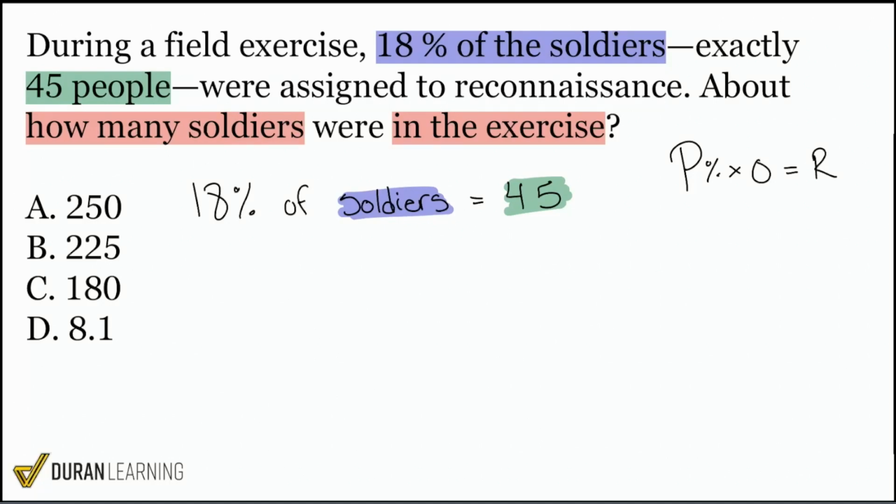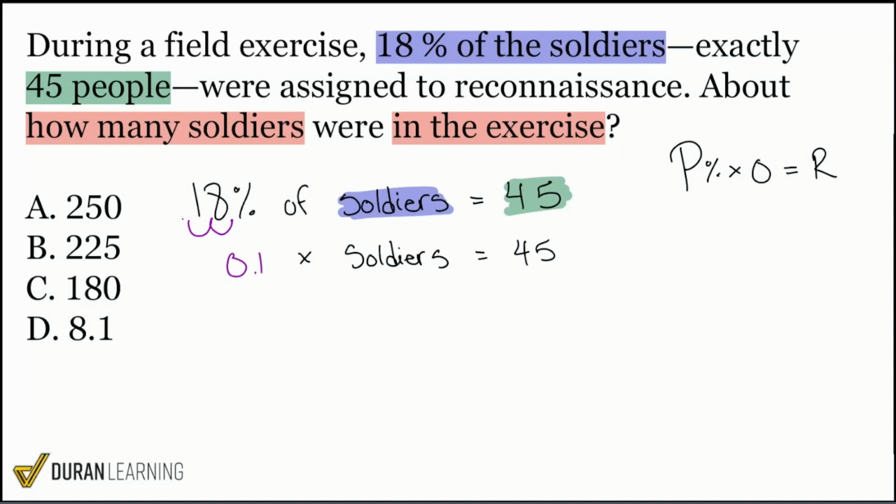Let's solve. Because we know that the word of means multiply, so we have 18% times the number of soldiers, and that's going to be 45. But don't forget, if we're going to be dealing with the equation, this percent cannot be a percent anymore. We have to turn it into a decimal. And so to do that, remember that we take that decimal and move it twice to the left.